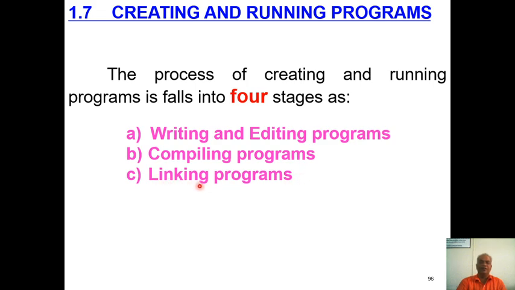The fourth one is executing programs. These are the four different stages that are used for creating and executing programs.